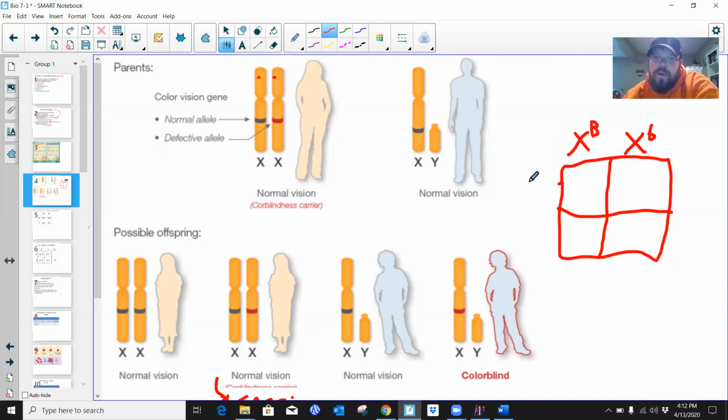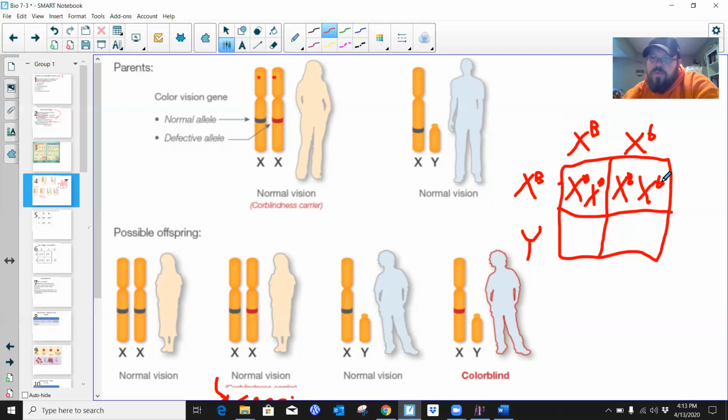On the male side over here, he can pass on in the sex cells he produces an X chromosome that again has the normal allele on it, and a Y chromosome that carries nothing on it for the color blindness gene. Well, the outcomes are, we fill in this capital B X, capital B X, capital B X, lowercase b.